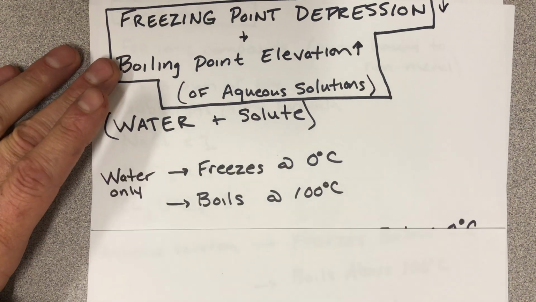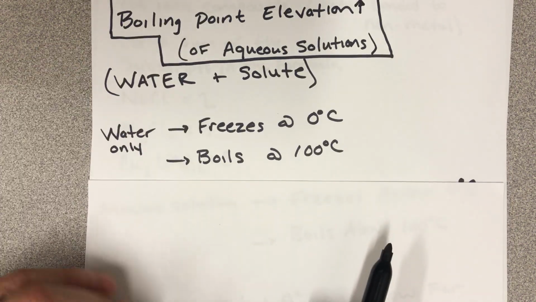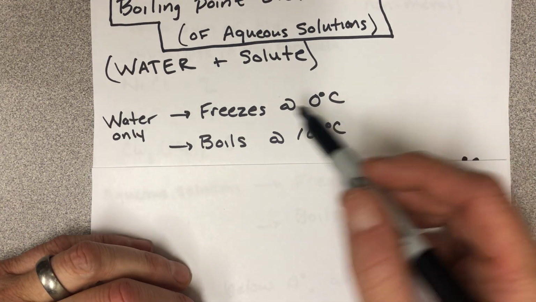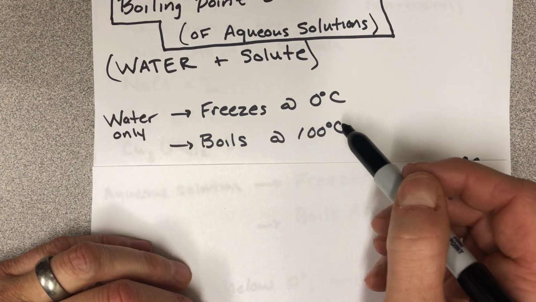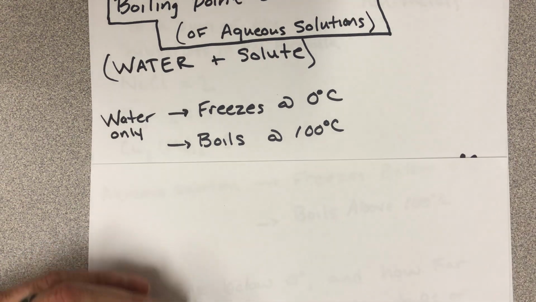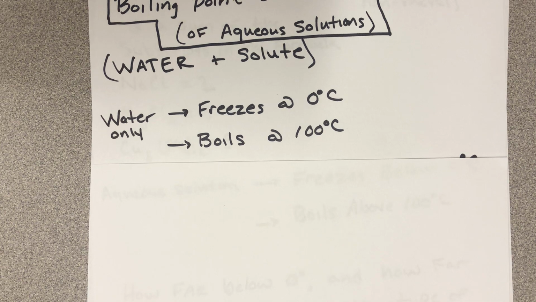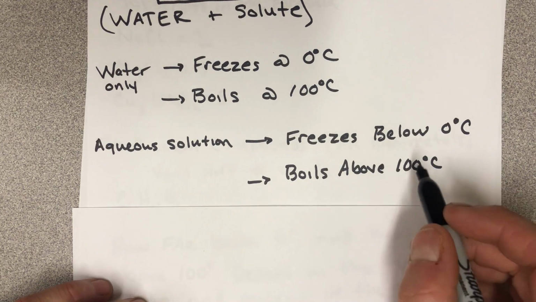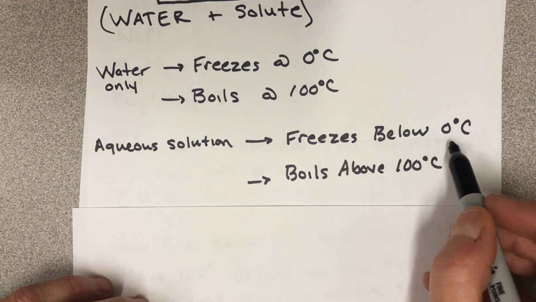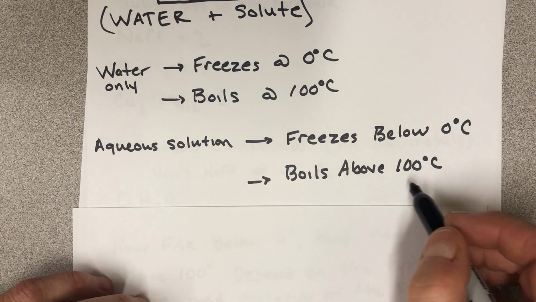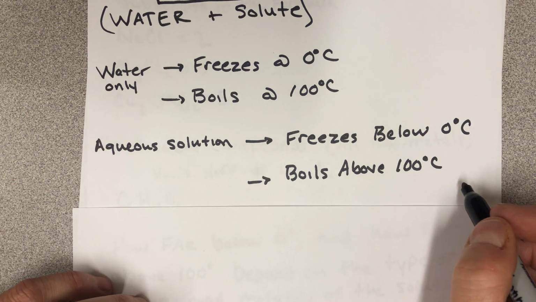And water by itself has its own freezing temperature and boiling temperature. So the accepted values here for water are freezing at 0 degrees Celsius and boiling at 100 degrees Celsius, okay? But once we start mixing stuff into it to make aqueous solutions, we're going to freeze that solution at a temperature less than 0, below 0, and that solution will boil at a temperature above 100.